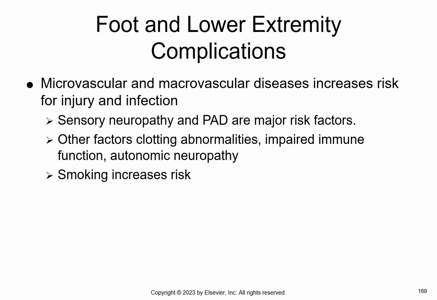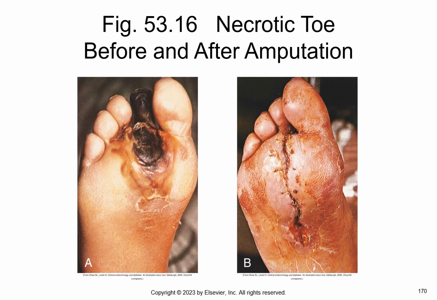Sensory neuropathy is a major risk factor for lower extremity amputation in people with diabetes mellitus. Loss of protective sensation, LOPS, often prevents the patient from being aware that a foot injury has occurred. And we get improper footwear. As we look at this picture here, a necrotic toe before and after amputation.